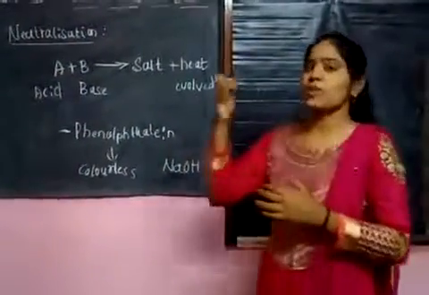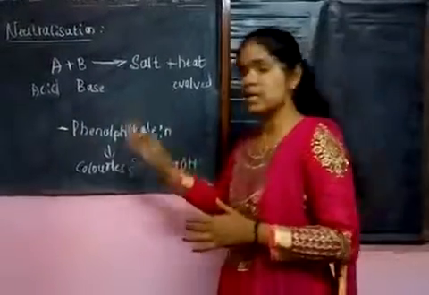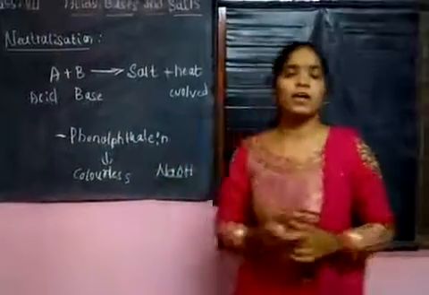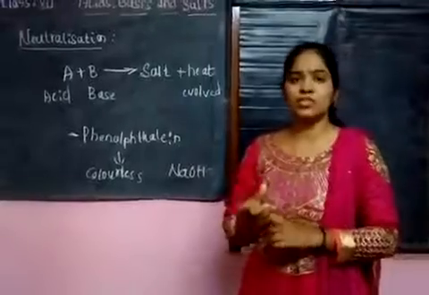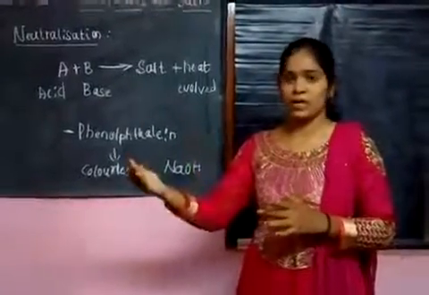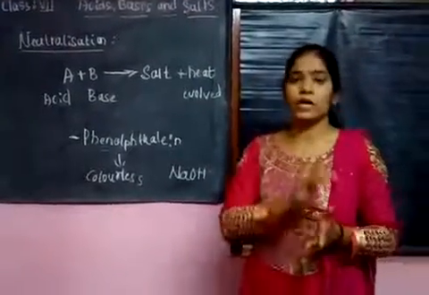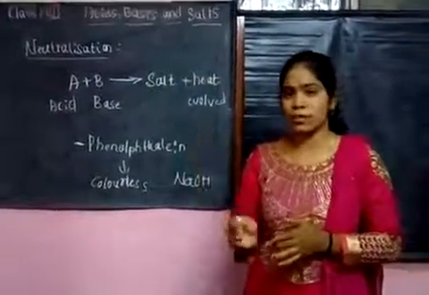NaOH we are going to add dropwise to a solution containing HCl and phenolphthalein. Then at a certain point there is a color change of the solution from colorless to a pink color. So there is a slight change in the color from colorless to a light pink or a dark pink.